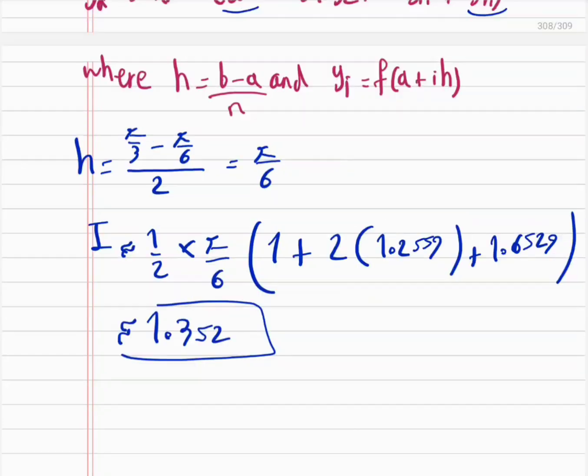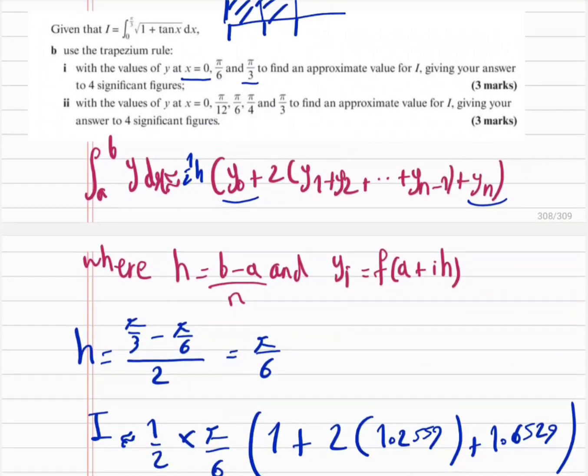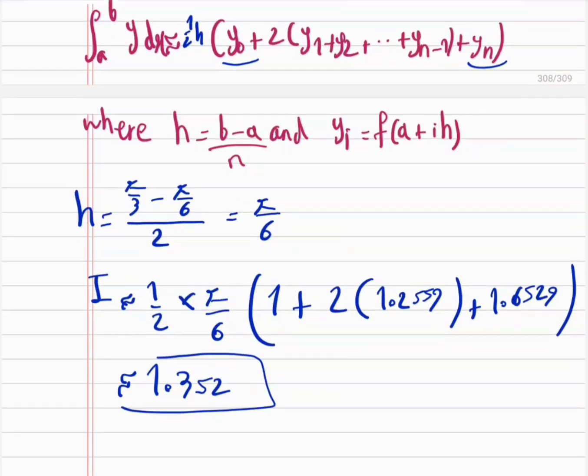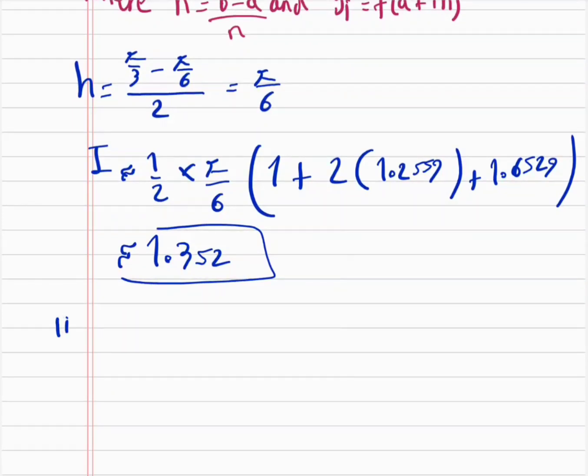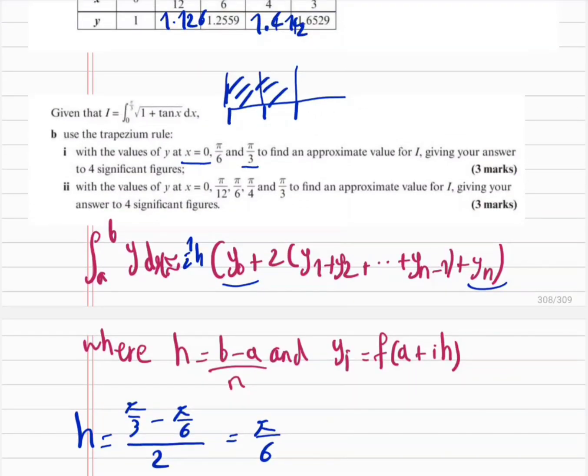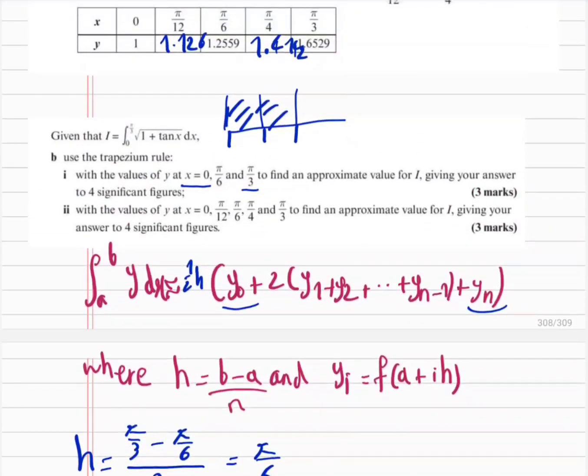Now for the next part, it's really the same thing. We just have some additional terms, and we need to make some changes. First of all, for the value of h, the upper bound in this case is pi by 3, the lower bound is 0, and the number of strips is always 1 minus the total number of x values that you have.